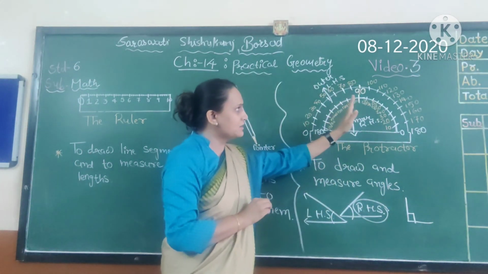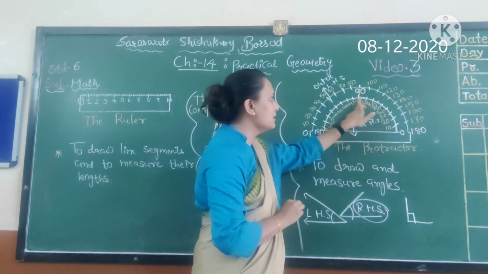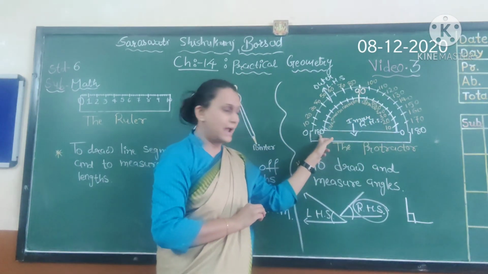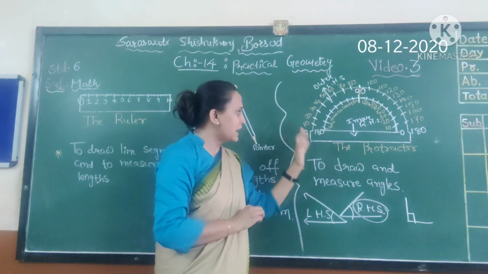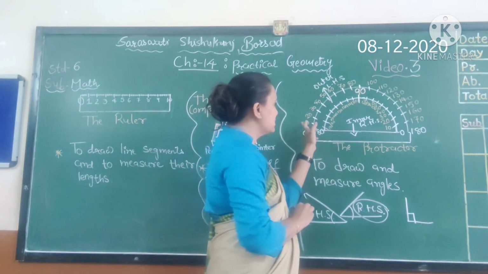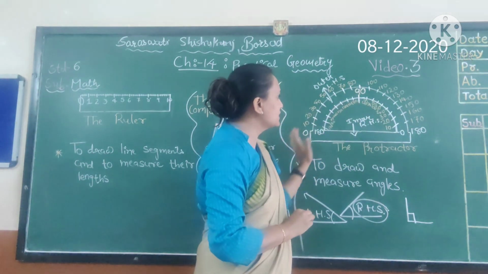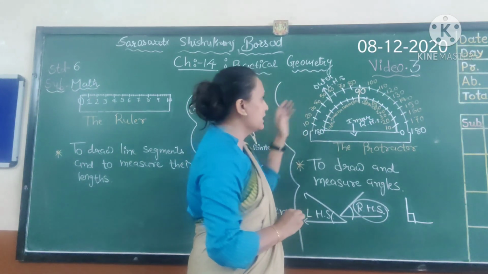But the inner scale starts from 0, 10, and ends at 180 on the semicircle, as well as the outer scale starts from left hand side 0, 10 and ends with 180. Clear? So this is the basic difference between inner scale and outer scale.